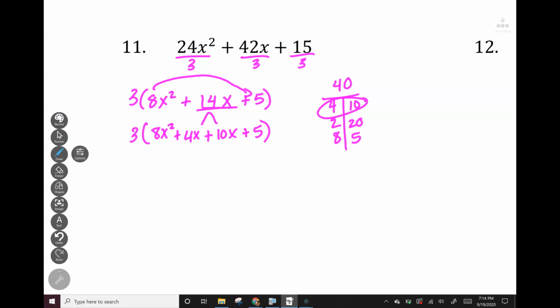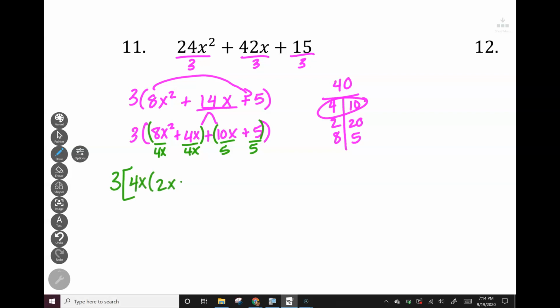Okay, step 2. Or are we on 3 now? We want to use grouping to factor this. So group the first two, the last two. GCF for both, that's going to be 4x. GCF for the second one is 5. Okay, so I've got a 3 on the outside. You can put either parentheses or bracket there, but you do need something. And then my 4x goes here.